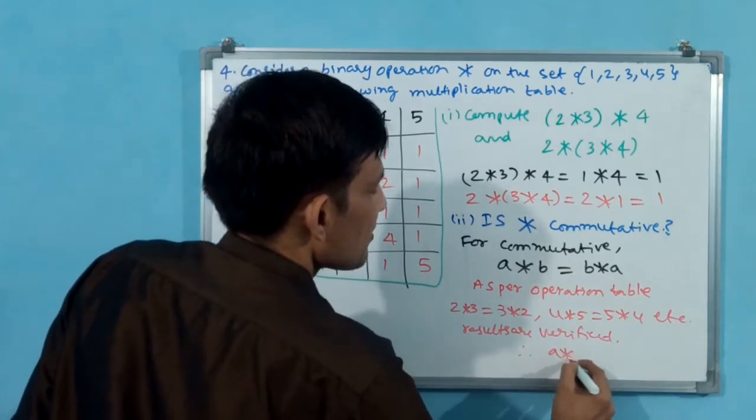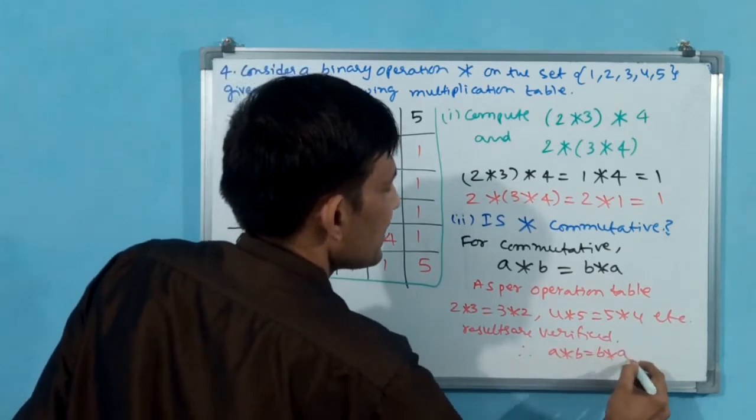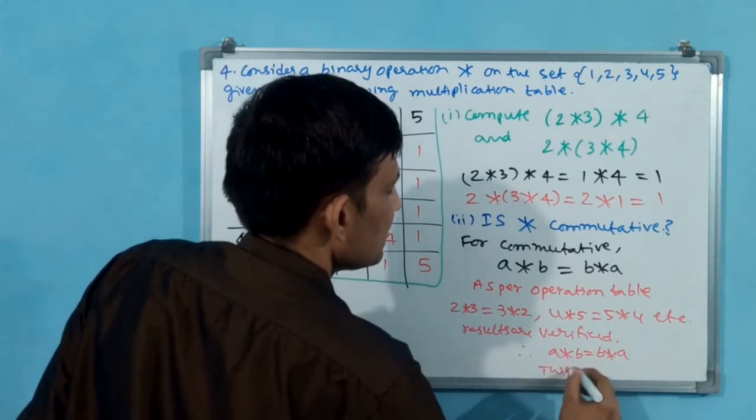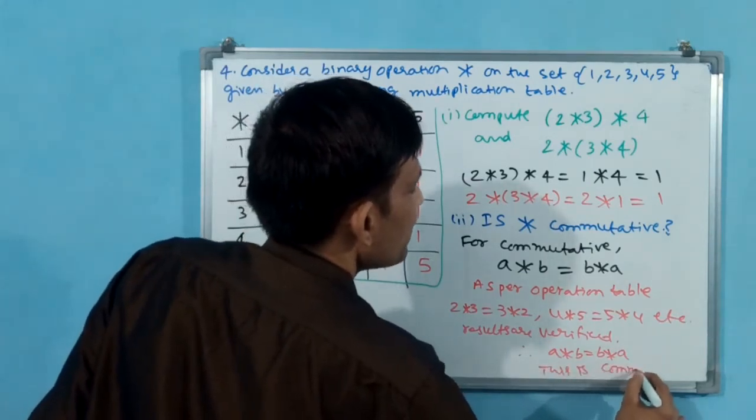Therefore, A star B is equal to B star A. This is commutative.